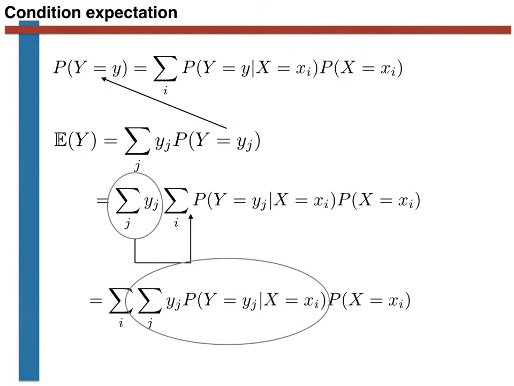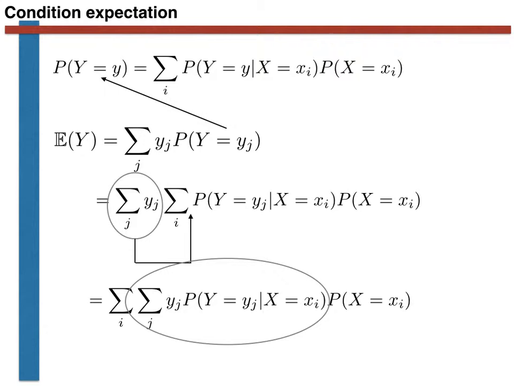If you look at the circled part of this equation, this looks a bit like an expectation value. You have a sum over all the possible values the random variable capital Y can take, and inside this summation you have the various values that the random variable capital Y takes multiplied by the probability that the random variable is equal to Yj.